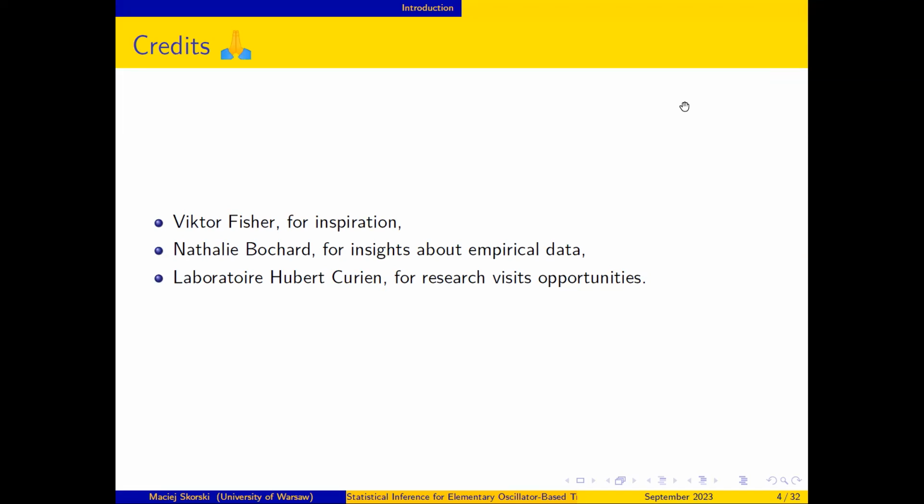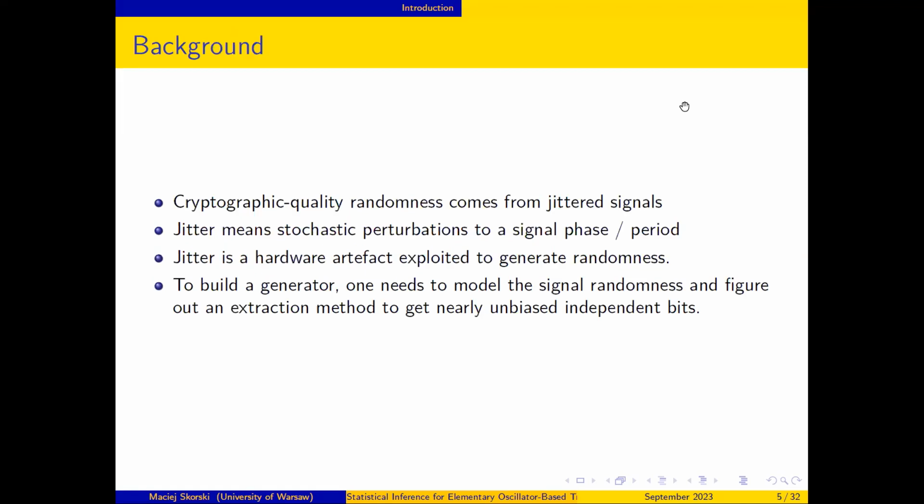I am very happy to be their frequent guest and to learn about electronic principles and stochastic modeling that are behind the modern design of true random number generators. It is my intention to give you a taste of how those designs look, what the modeling challenges are, and what some open problems in this area are.